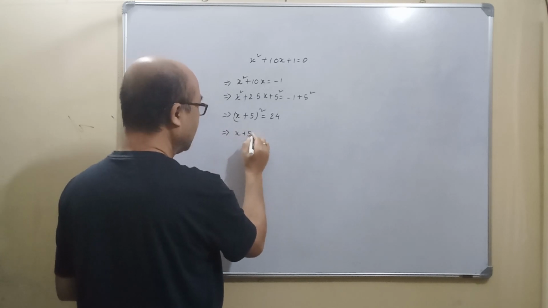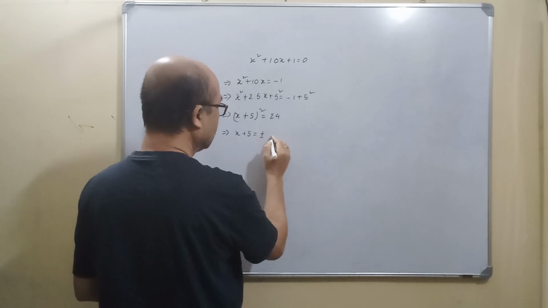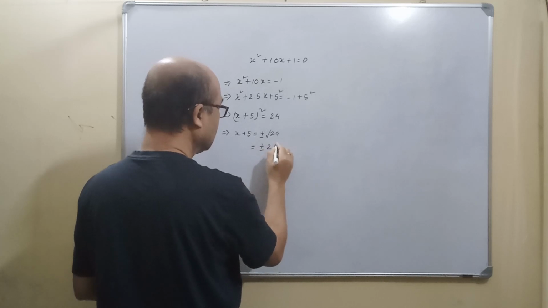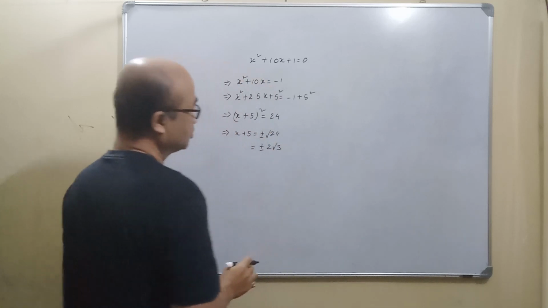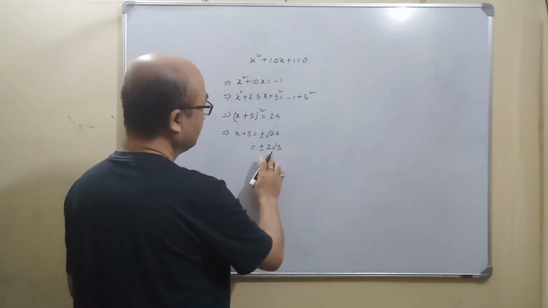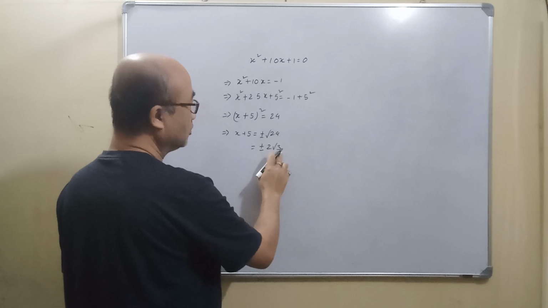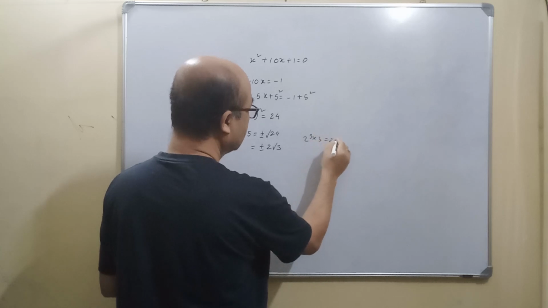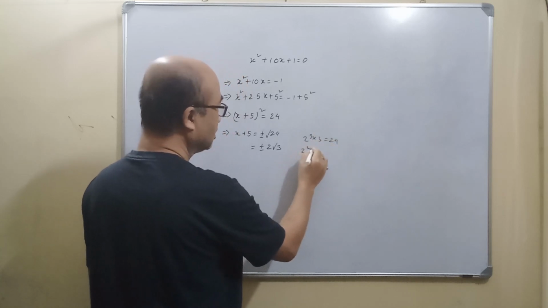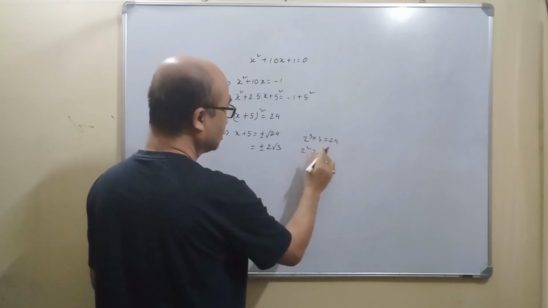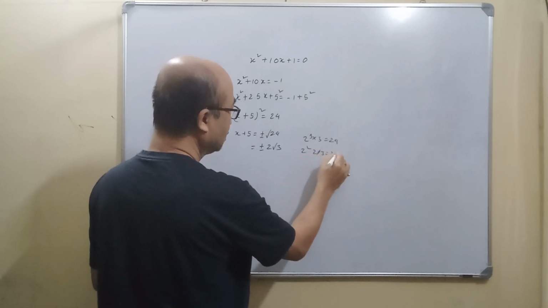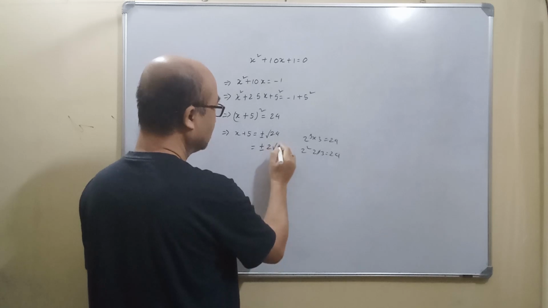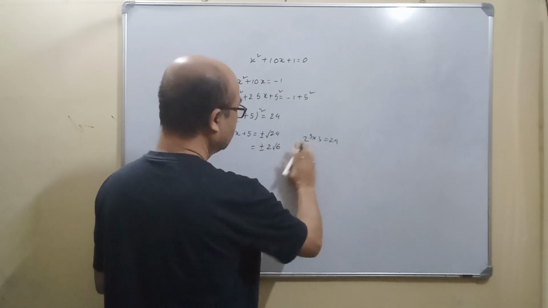So x plus 5 whole squared is 24, which means x plus 5 is equal to plus minus root 24, which is 2 root 6, because 24 is 2 into 2 into 2 into 3, 2 cubed into 3. When you take 2 out, then 2 into 3, 6 will remain. So that is the answer here.